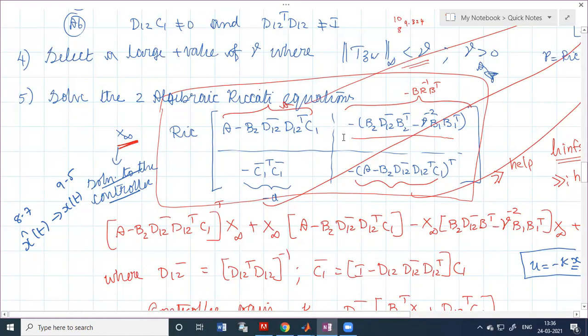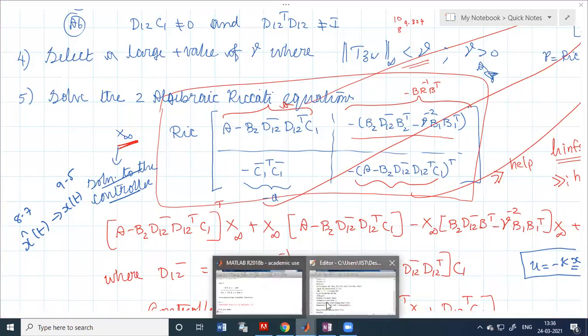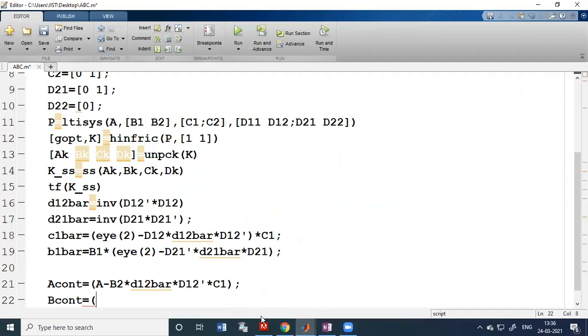This is actually minus of something, right? So B means only the element within the bracket. So you read it out for me. B2 into D12 bar, into B2 transpose.